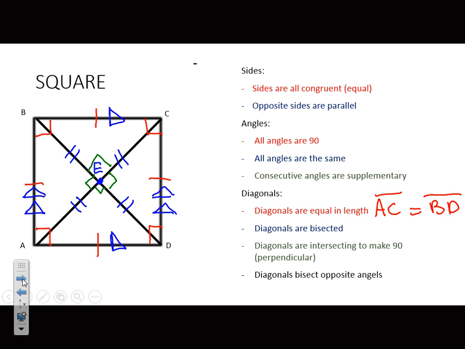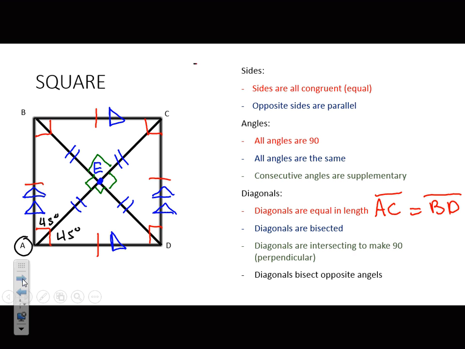Now, the diagonals bisect the opposite angles. So if I would look at A again like we did before, this is going to bisect, so it's going to cut into half. Well, we know it's 90, all of them are 90, so if I cut it in half, I'm going to get two 45-degree angles. Okay.